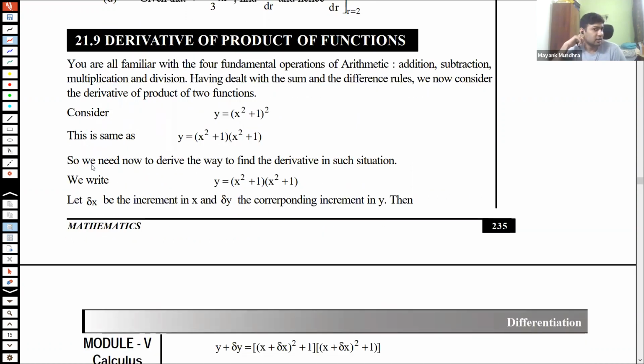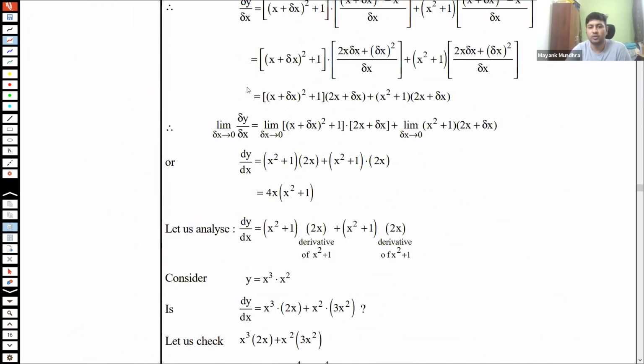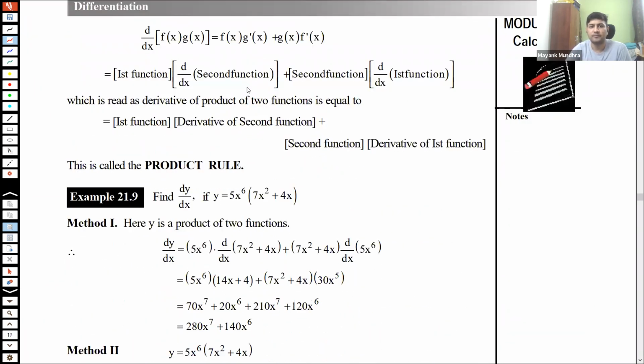Now, next is the derivative of a product of two functions. So if I look at a function that is a product of two functions, I can straight away go to the product rule.